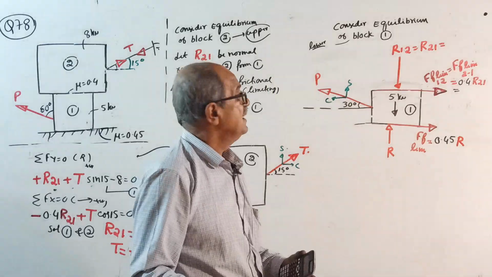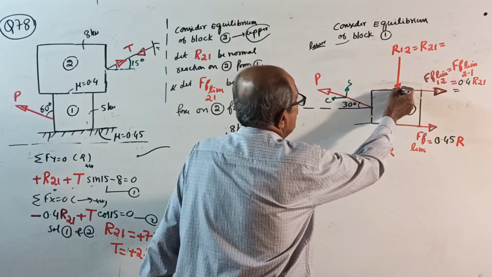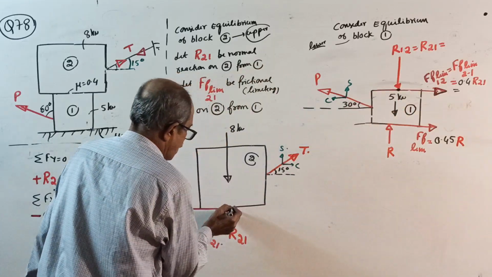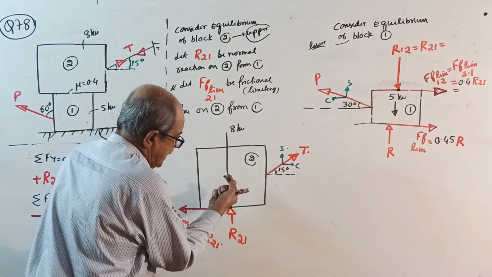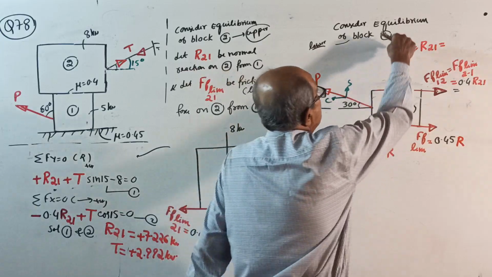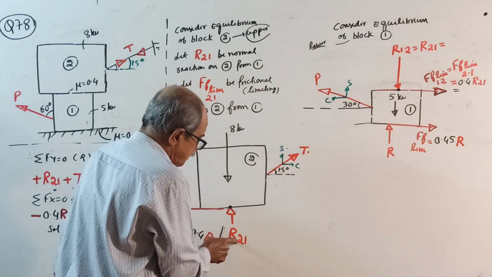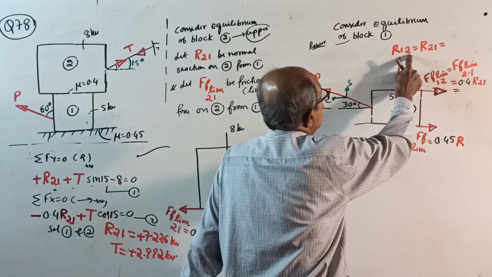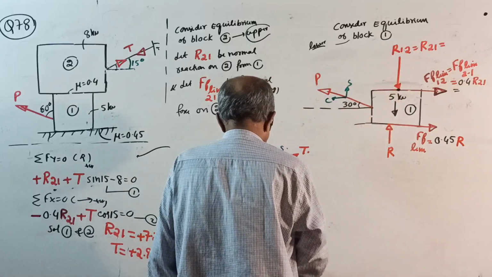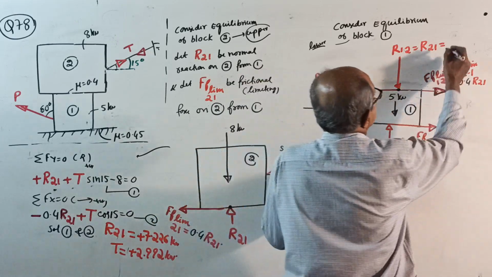This is usual. Now very important, see here. This contact surface and this contact are both the same. For this block, up R21. For here, down R12. Normal force on 2 from 1 equals normal force on 1 from 2, equal to 7.226 kilonewton, already calculated.